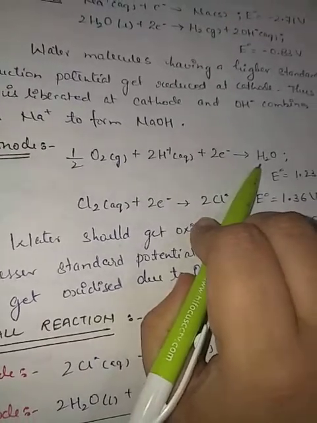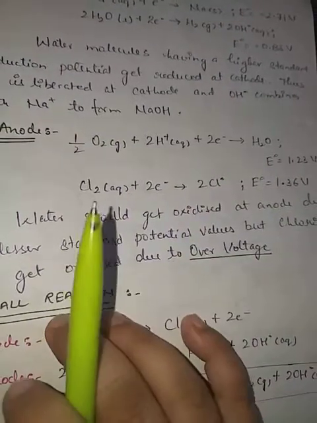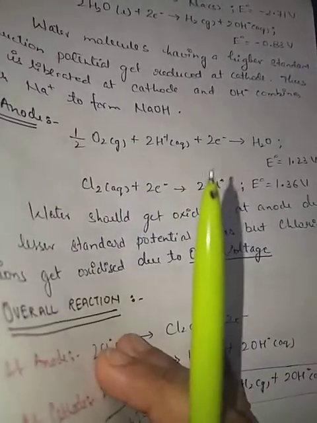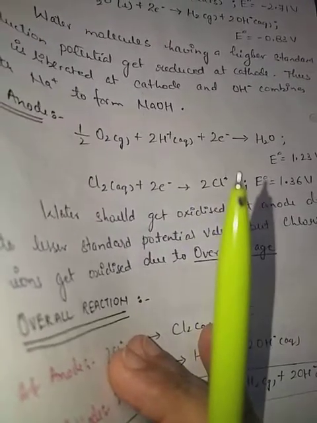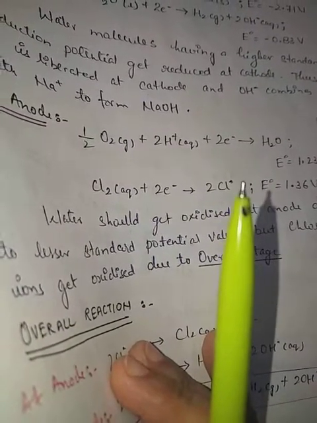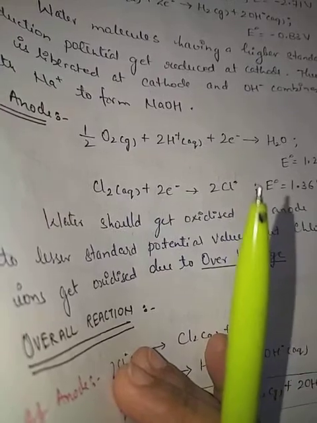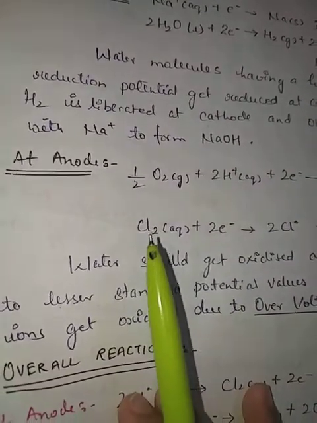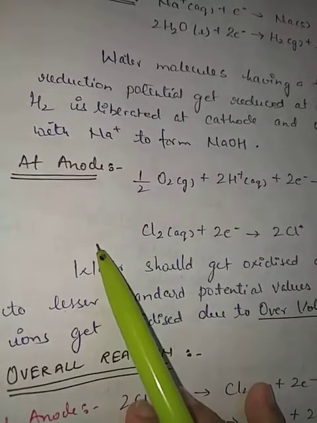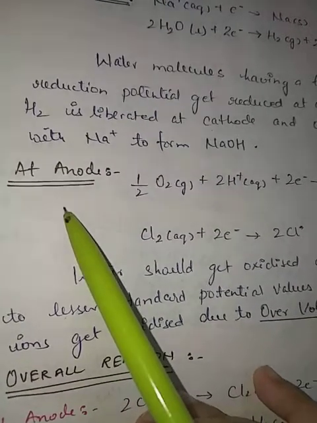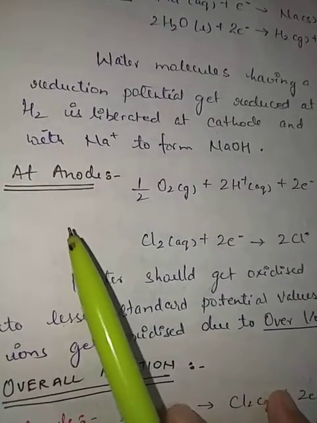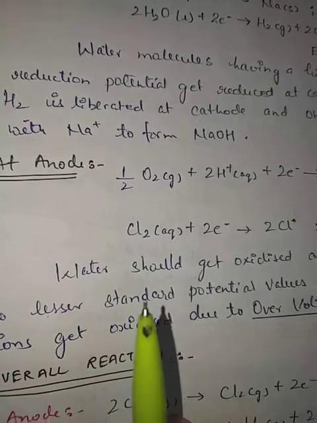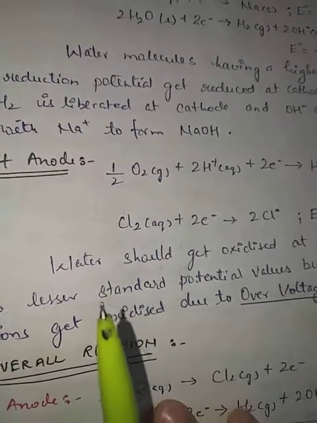Its voltage increases, and that is called overvoltage, and this is the unexpected result. Actually, this should not happen, but it happens because of the large activation energy involved in the transfer of electrons from water to the anode. So a very large amount of energy is required there.